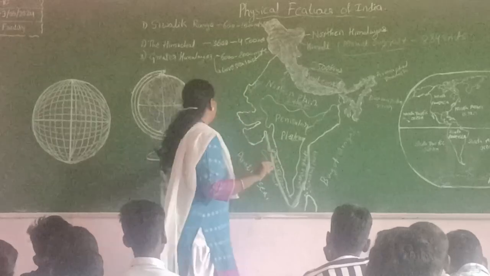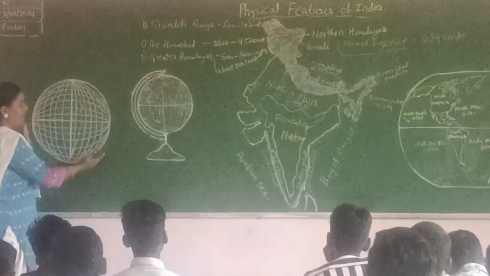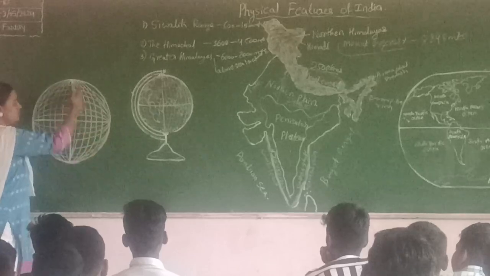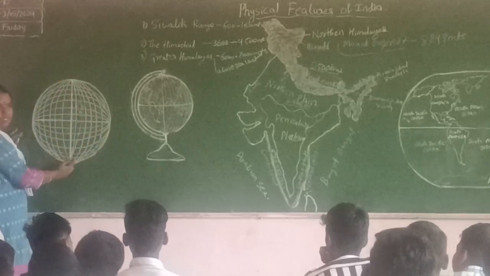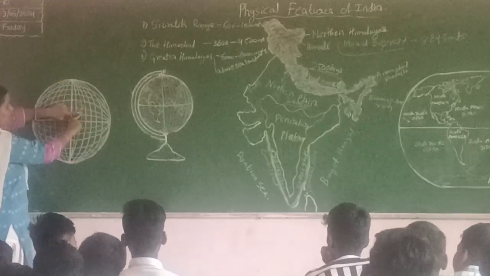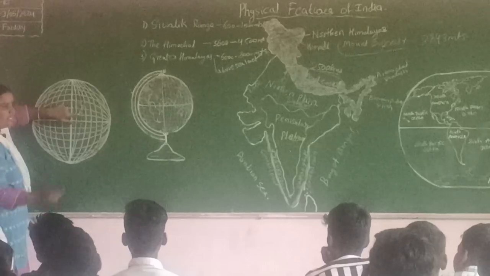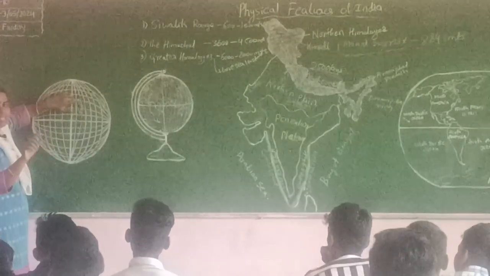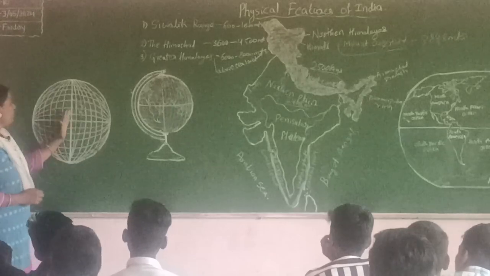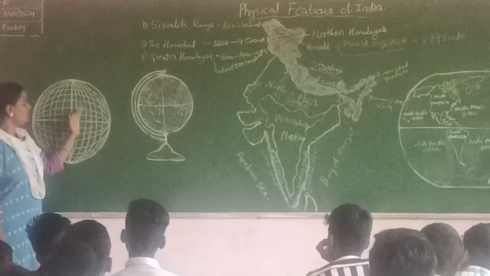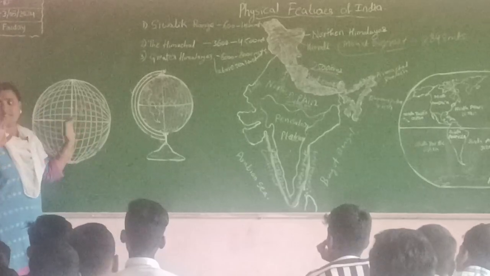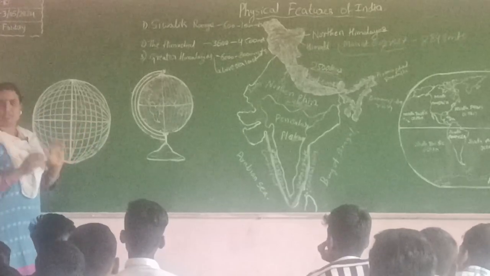Here we can see the latitudes and the longitudes. These are the latitudes and these are the longitudes. India extends from 8 degrees 4 minutes to 37 degrees 6 minutes latitude, and from 68 to 97 degrees longitude.